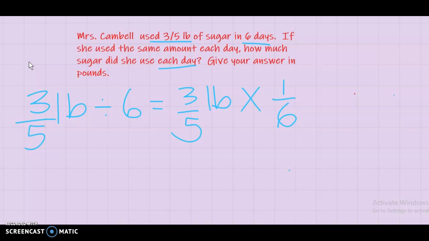Now I'm going to cross cancel. I'm going to simplify the 3 divided by 3 and divide 6 by 3. 3 divided by 3 is 1. 6 divided by 3 is 2. I'm going to multiply across. 1 times 1 equals 1. And 5 times 2 is 10.